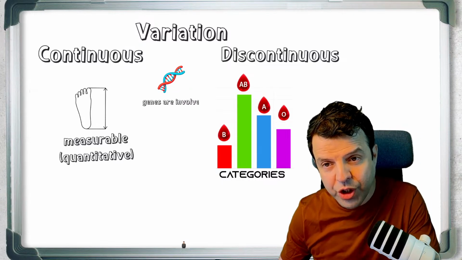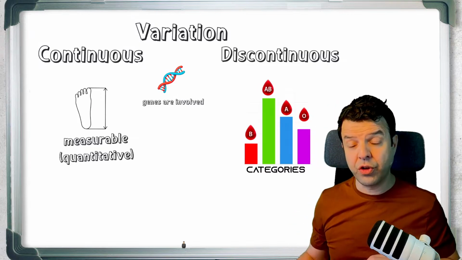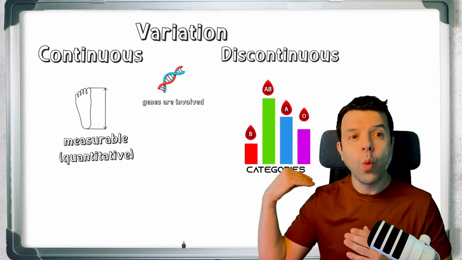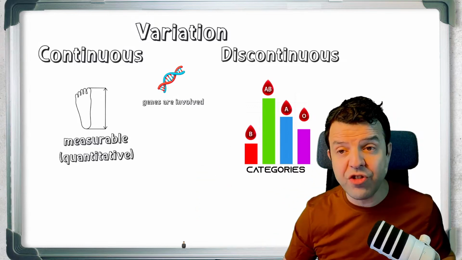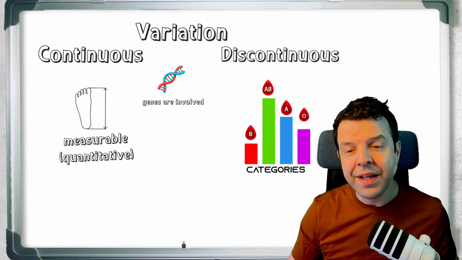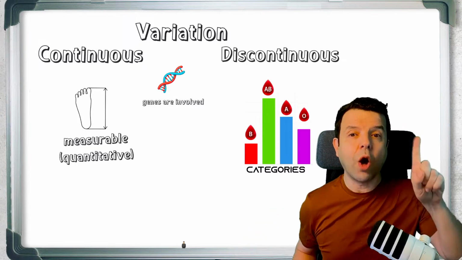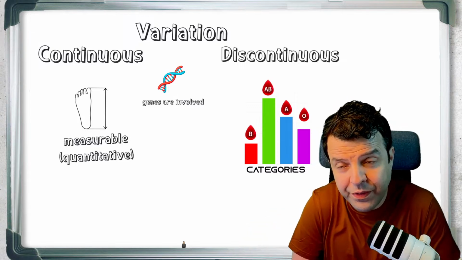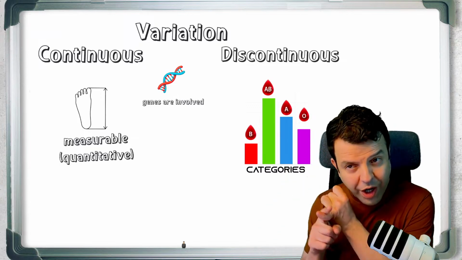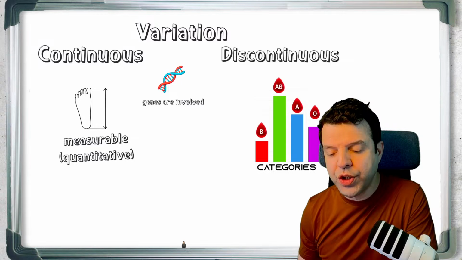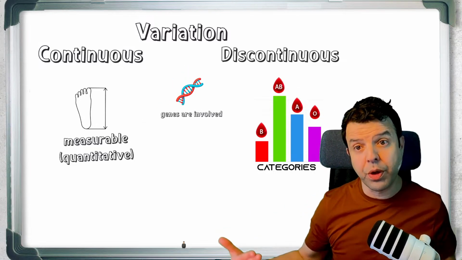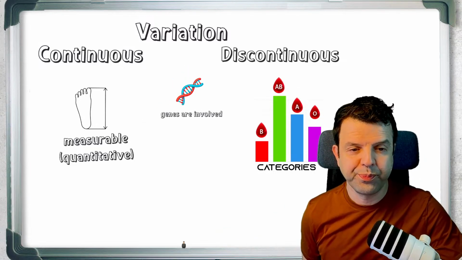Whether it's continuous or discontinuous. The only difference here is that when it's continuous, the environment would be changing it all the way. Discontinuous, genes would be the only factor. So with continuous, you will have the environment and the genes. But with discontinuous, it would only be the genes responsible for this feature. Okay?